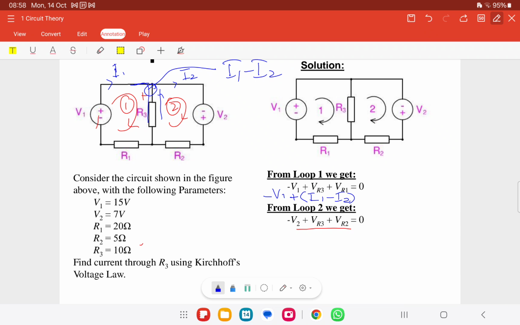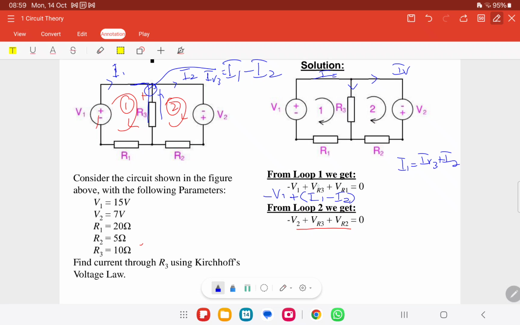Okay, dia bukan tambah. Sebab dia sebenarnya I1 adalah ni kita letak IR3. Sebenarnya I1 is equals to IR3 plus I2. Betul tak? I1 equals to IR3 plus I2. I yang sini tambah I ni. Kan?